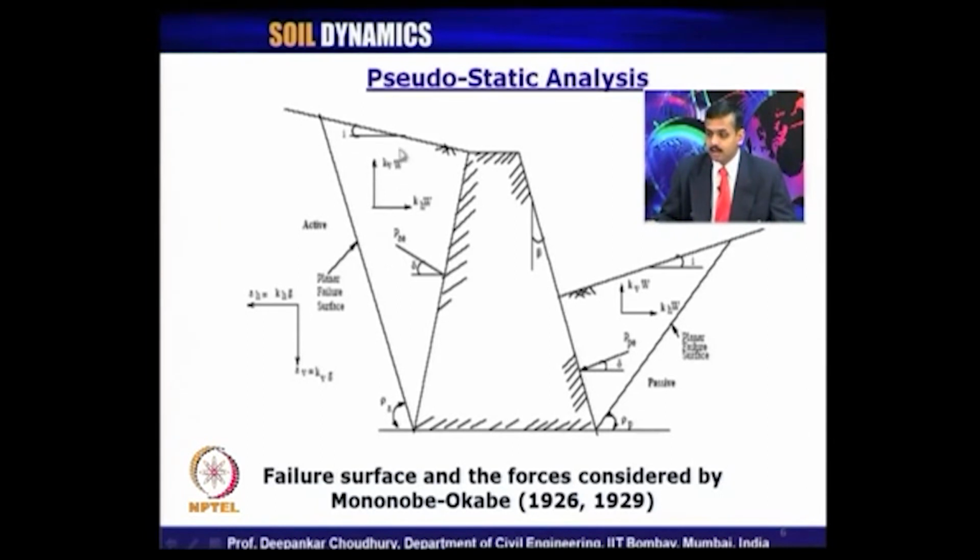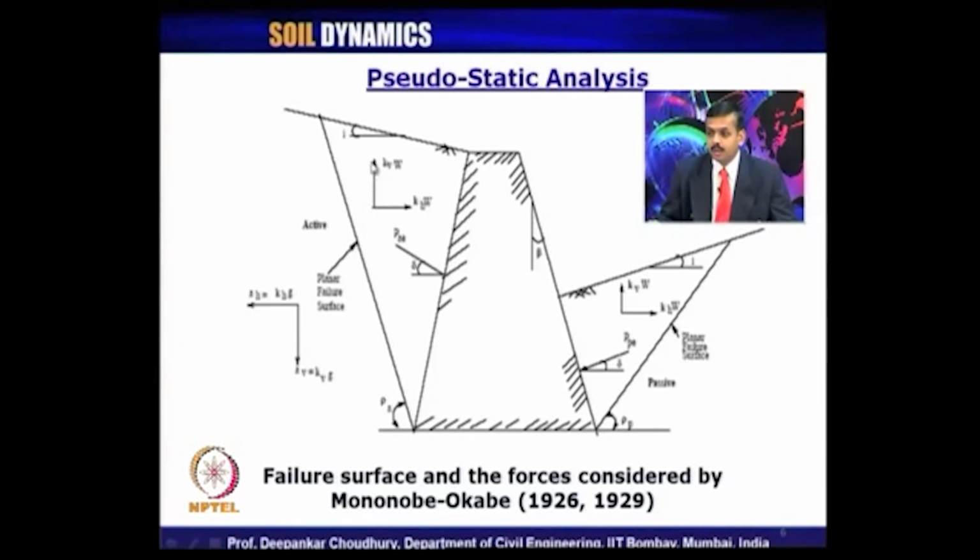Now, in case of pseudostatic analysis, what are the extra forces coming into the picture? These two extra forces: the horizontal inertia force because of this horizontal seismic acceleration. So, kh times the weight of this failure wedge, kh times W, is nothing but the horizontal inertia force, and the vertical inertia force is nothing but kv times W, which will act in the vertical direction.